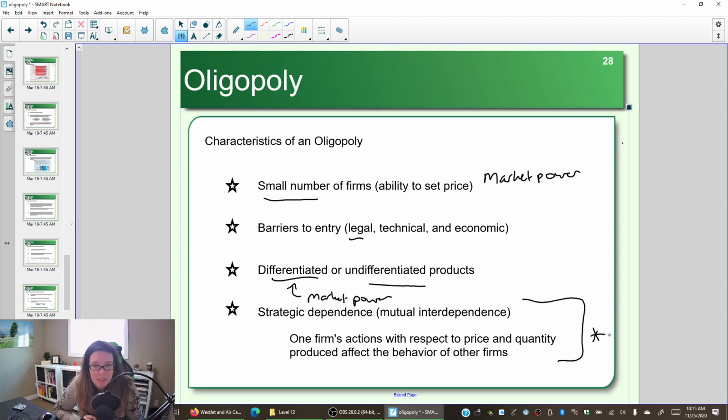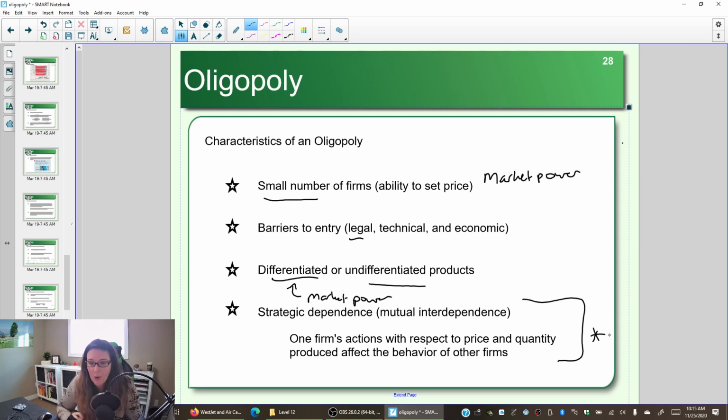The key thing we want to look at here is this last characteristic of an oligopoly: strategic dependence, or mutual interdependence. The idea here is that the behavior of one company impacts the behavior of another. And so because there are only a handful of companies, when a company makes strategic decisions, they consider the decisions and behaviors that the other companies will have.